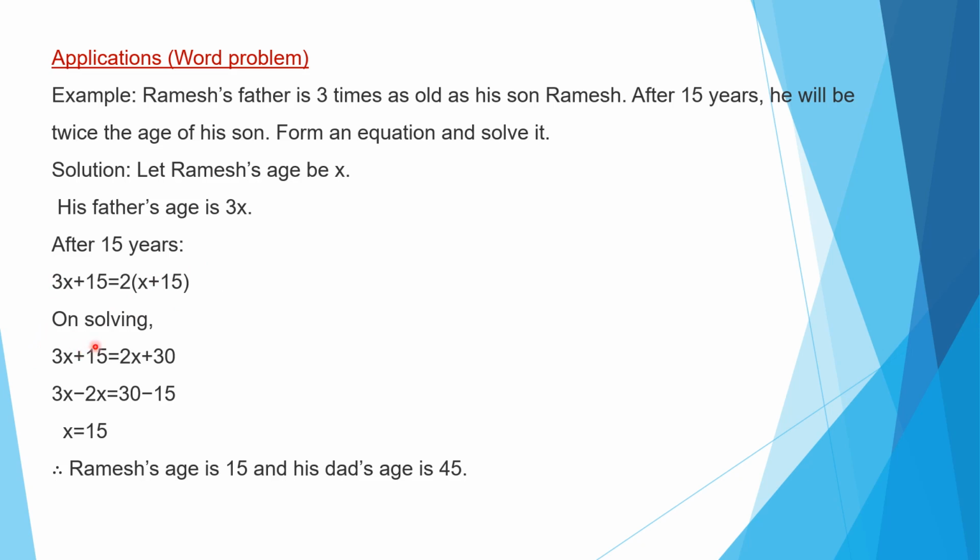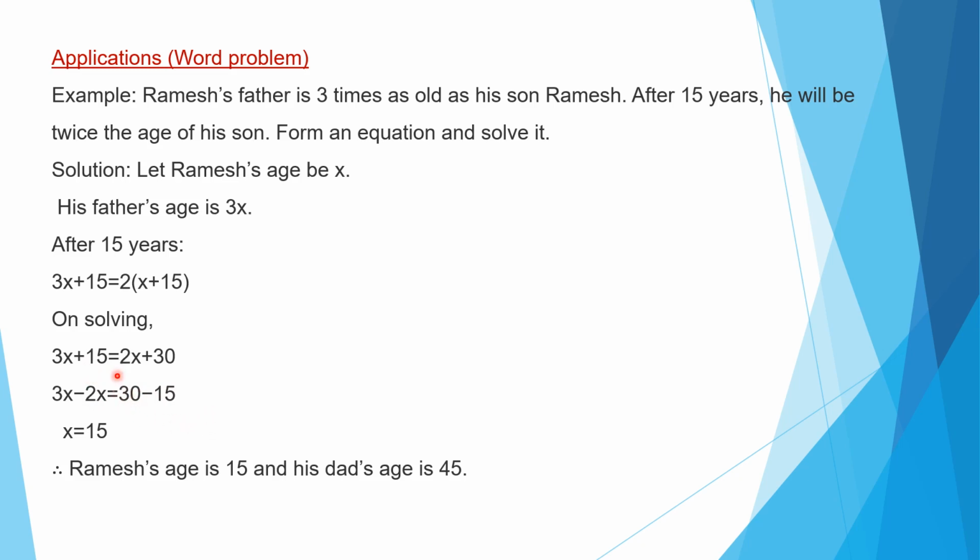So let us solve this. 3x plus 15, and within the bracket we have to multiply. 2 into x is 2x, 2 into 15 is 30. So 3x, and this 2x we will bring to the left hand side. So it will become minus 2x, and this is 30 and we will take this 15 to the right hand side.